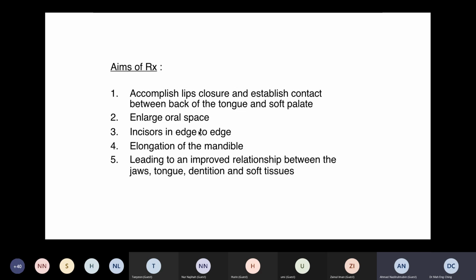They train the tongue, enlarge the oral space, bring the incisors edge to edge, and elongate the mandible. Hopefully, this is what we are trying to achieve, leading to an improved relationship between the jaw, the tongue, the dentition, and the soft tissue. Everything will live in harmony.